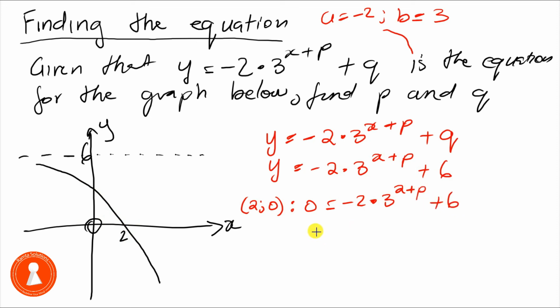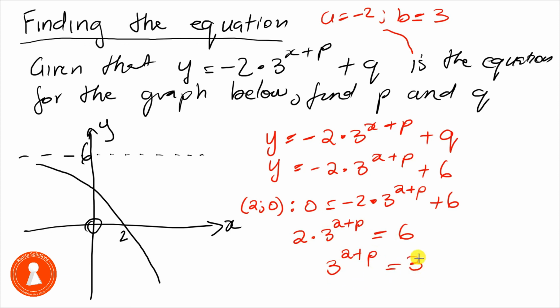Alright, so what do we have? We have 2 times 3 to the 2 plus p equals 6. Now, dividing by 2 throughout, we will have 3 to the 2 plus p equals 3. Right?